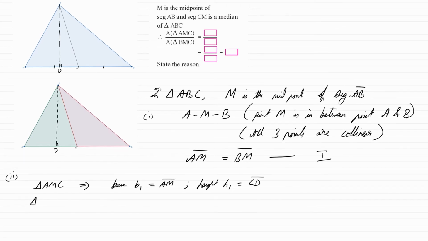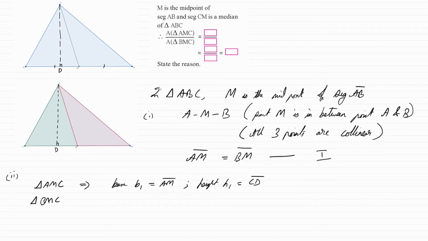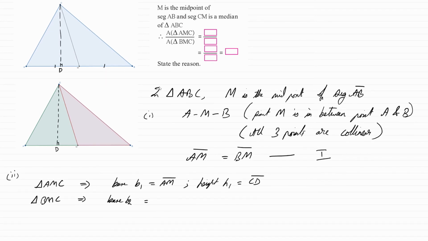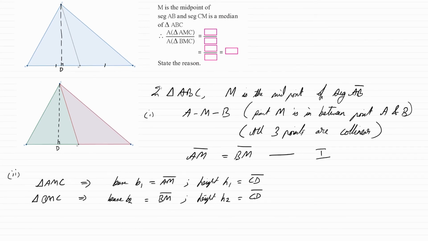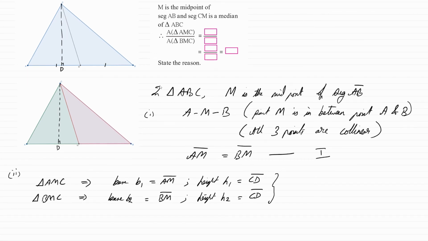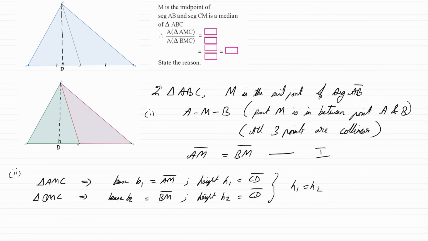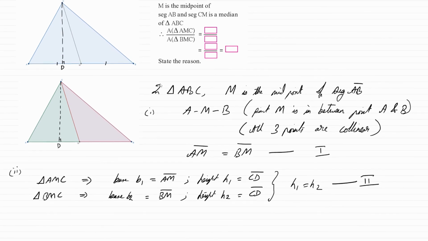Then in triangle BMC, we have base B2 which is equal to BM, and then we have height H2 which is equal to the same CD. Now we know that height H1 is equal to height H2. This is the second thing that we know.